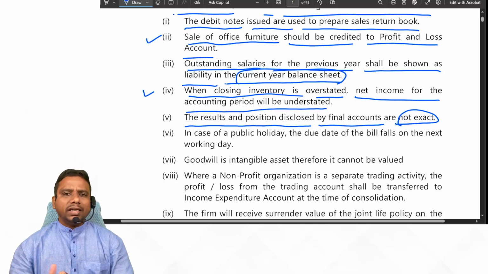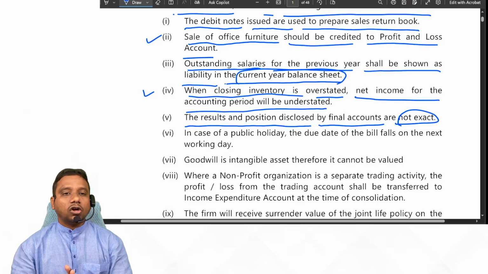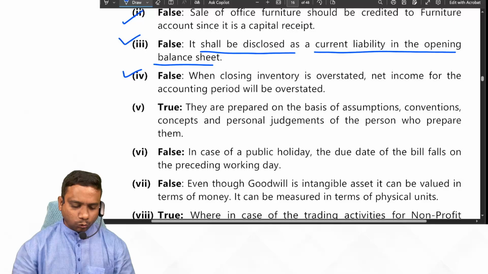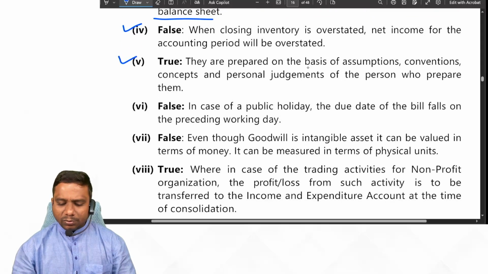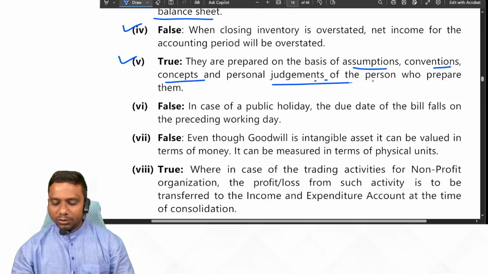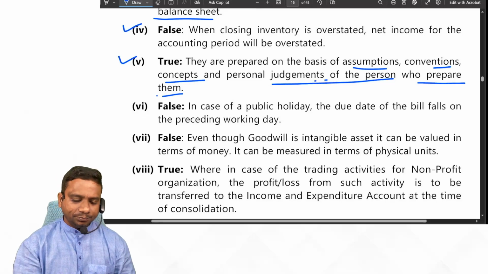So entity to entity, we follow different concepts. So the result and position disclosed by final accounts are not exact. True. They are prepared on the basis of assumptions, conventions, concepts, and personal judgments of the person who prepares them. That's why these are different.